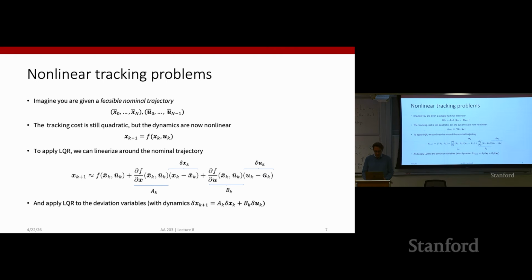Okay, so that's actually quite useful. And again, note the very intuitive form of your tracking control sequence: a feed-forward term, this is the nominal control that you would like to use, plus a term delta U that, because of LQR, is given by linear feedback on the state.